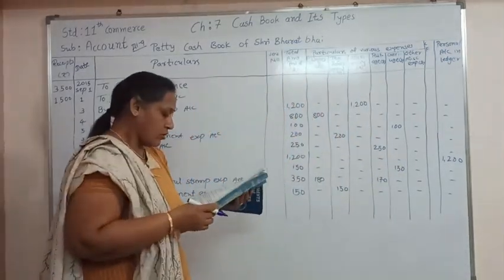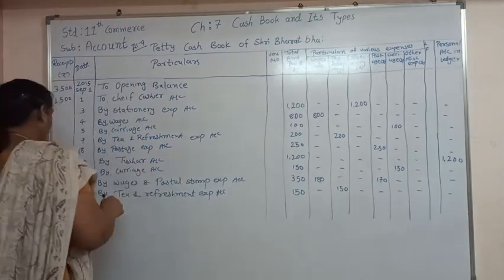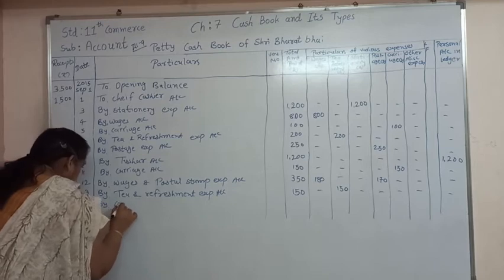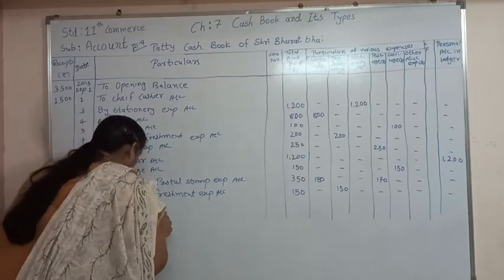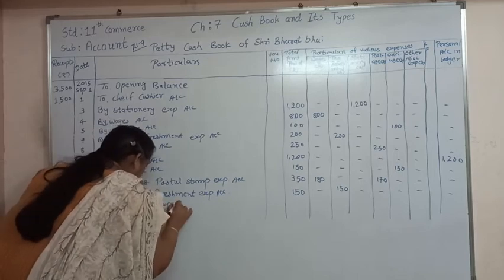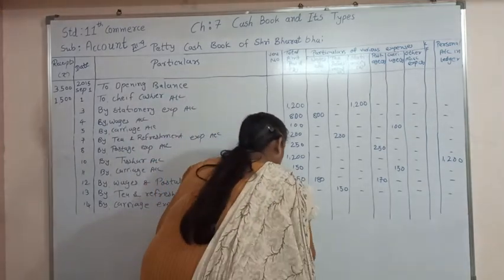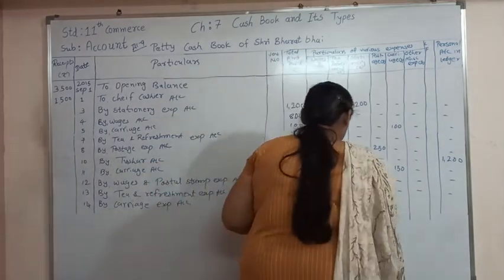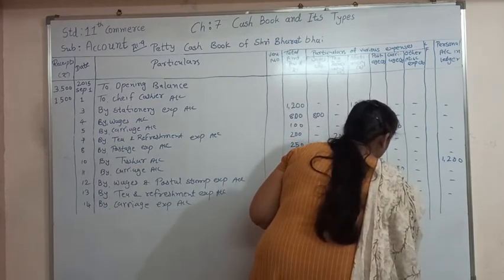Now on 14, rupees 150 paid for carriage. So on 14th date, by carriage expense account, and the amount will be 150. Here in the column of carriage 150.